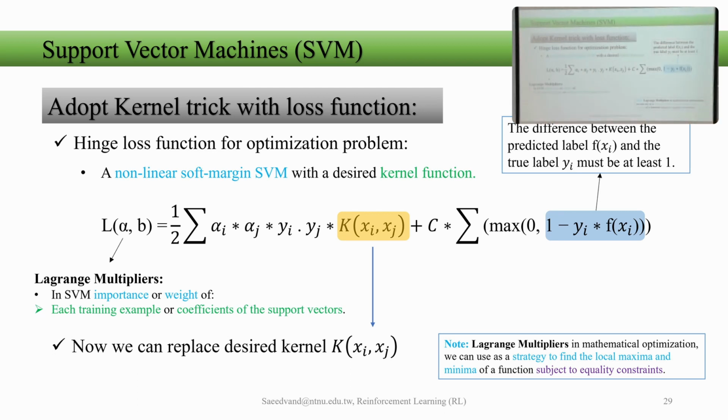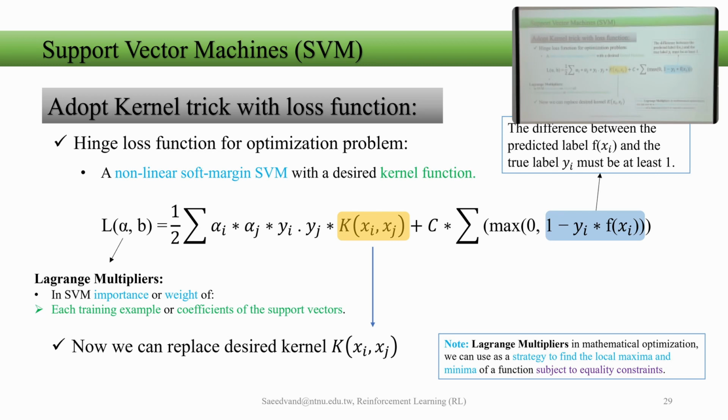Local maxima and minima means that if you have a curve, you want to find a higher or lower point on it. In mathematics, it is common to use. If you're interested, you can study it more, how that works and how this comes out. I don't want to prove exactly how the calculations are applied to finally achieve this.